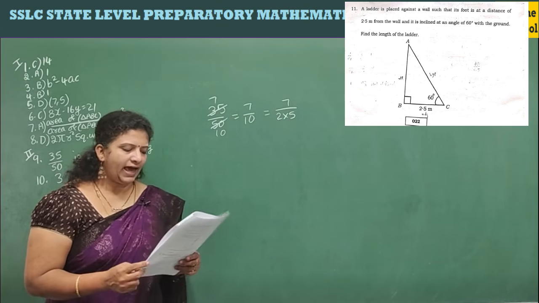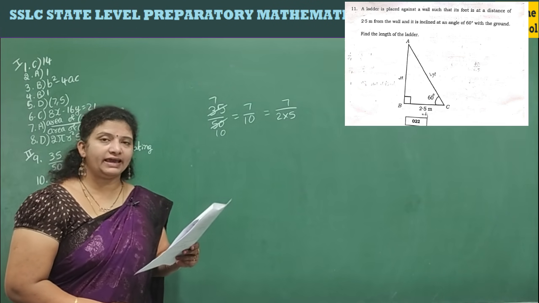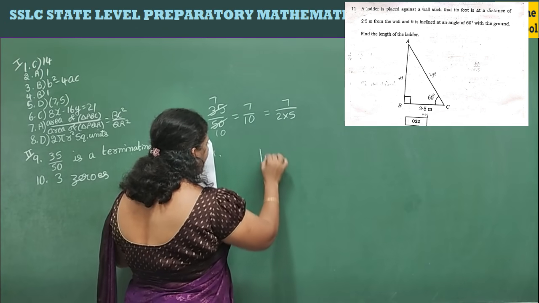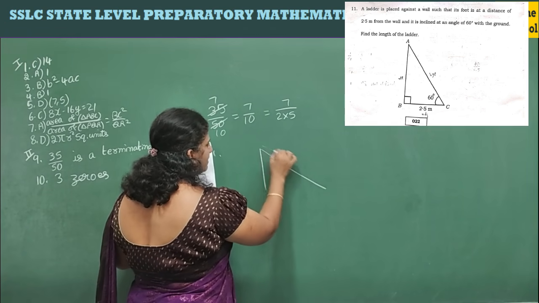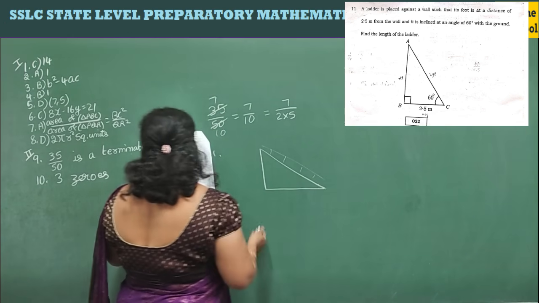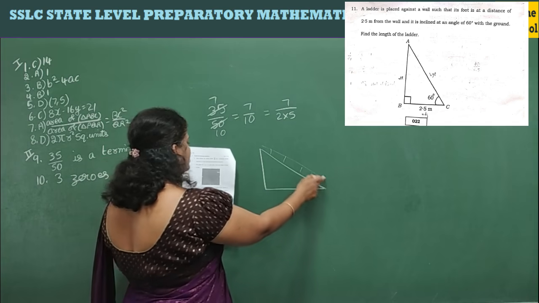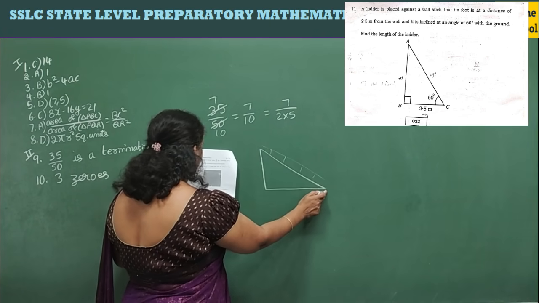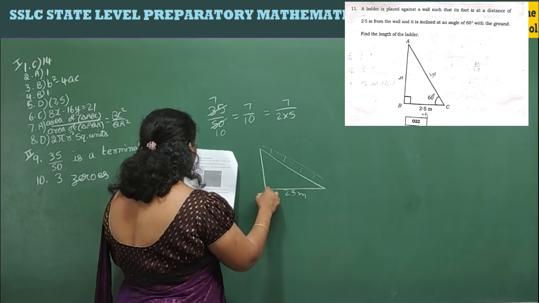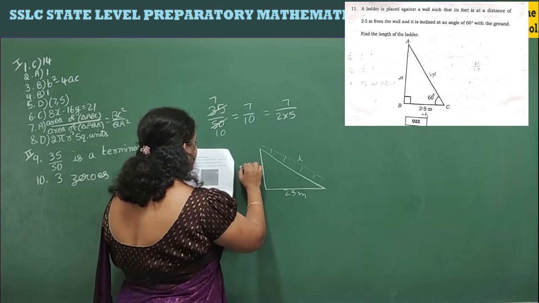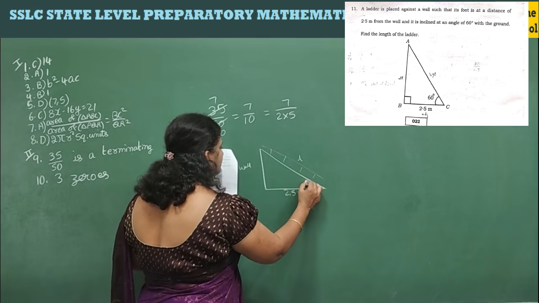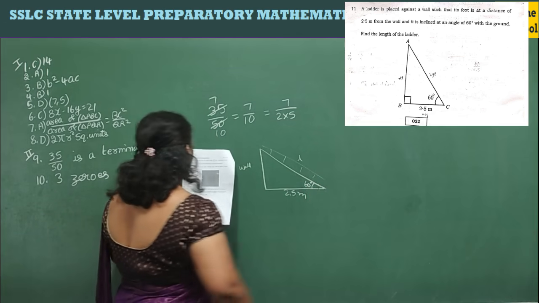11th one. A ladder is placed against a wall such that its foot is at a distance of 2.5 meters from the wall, and it is inclined at an angle of 60 degrees with the ground.